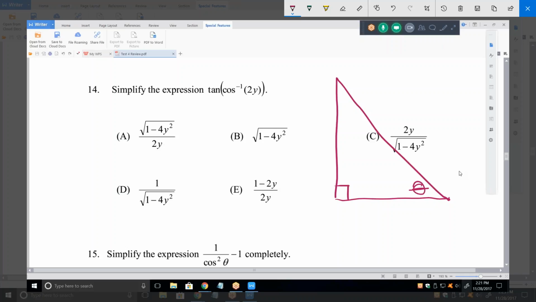Or no, 2y over 1. Which side is 2y? Which side is 1? 2y is the adjacent side. Which side is 1? The hypotenuse. Now, what's the third side?